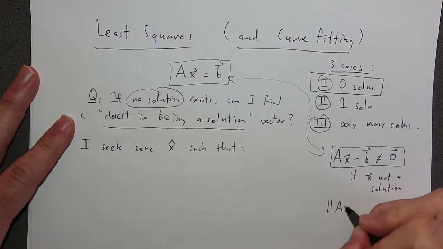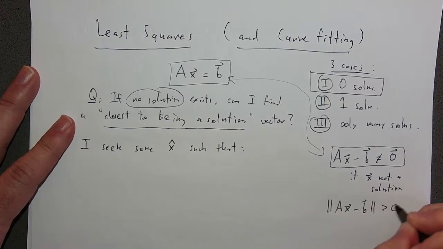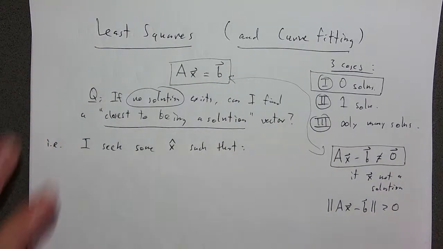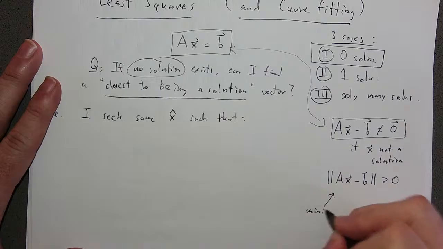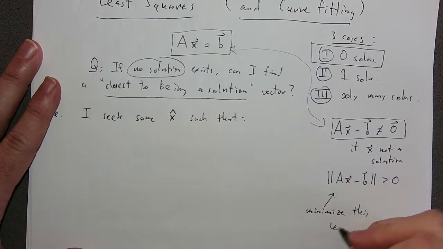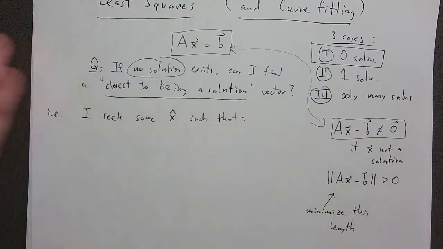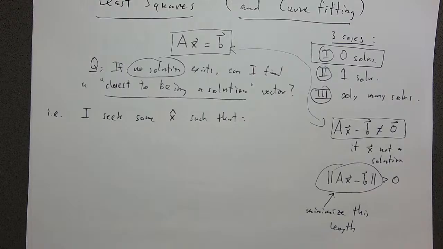So the length of this vector is positive. And so what I want is to minimize this positive quantity. I want to minimize this length. And now we see why this is called least squares.